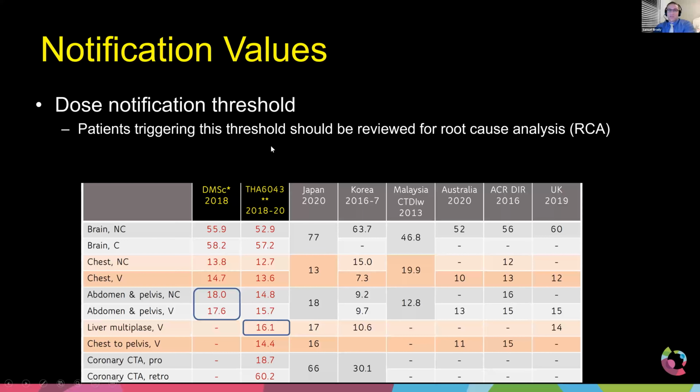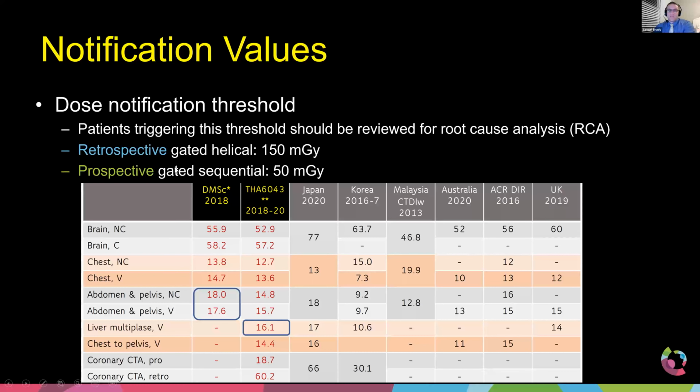In the US, we have values that are set slightly differently. They set what are called dose notification thresholds, in which case these are not necessarily diagnostic reference levels. These are values that a lot of, for example, the ACR and a few other societies basically said is if you ever have a retrospective study that exceeds 150 milligray, then that's probably too high and you should do a root cause analysis to review what went wrong.